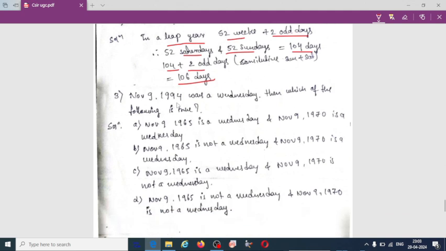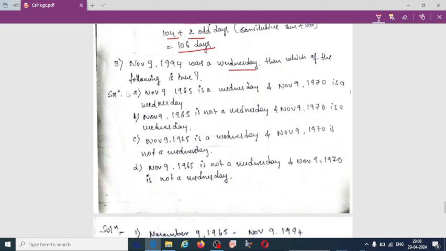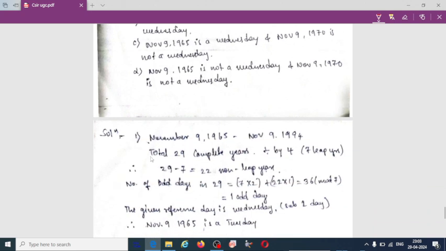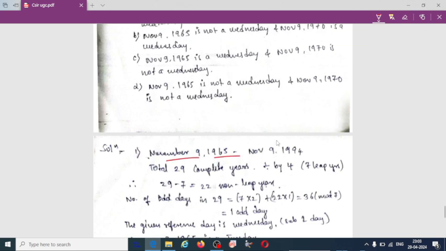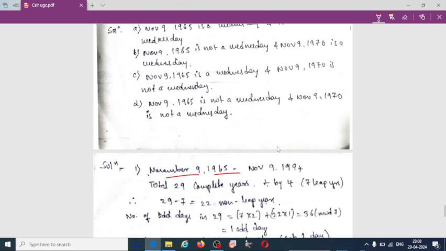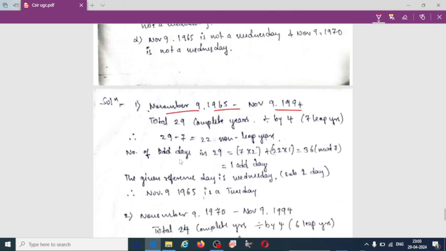November 9, 1994 was Wednesday, then which of the following is correct? If we read all the 4 options, the common ones are 1965 and 1990 November. So let us take first November 9, 1965 up to November 9, 1994, which is given in the question. If we do the calculation, there are 29 complete years.